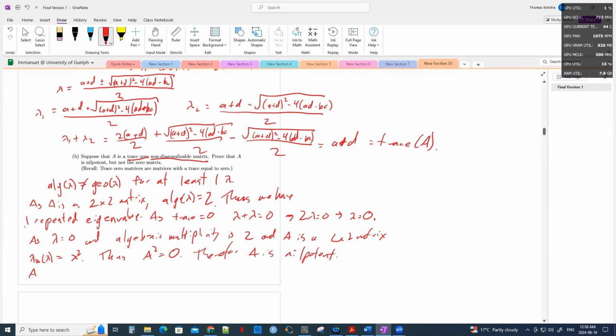Now, as A is non-diagonalizable, it cannot equal the matrix 0, 0, 0, 0, as this is, by definition, diagonalizable.